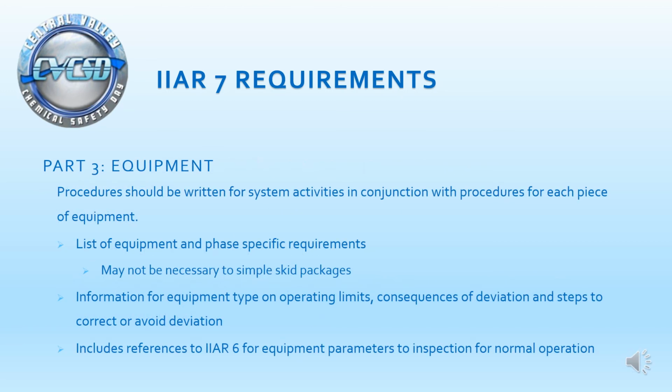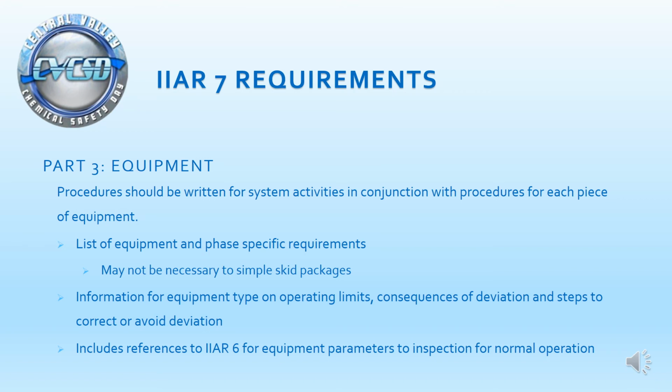So IAR 7 outlines equipment that should be covered in operating procedures, and also includes some system activities. And there are options for either including specific equipment procedures for each of the tasks, or providing these more system-wide holistic procedures.